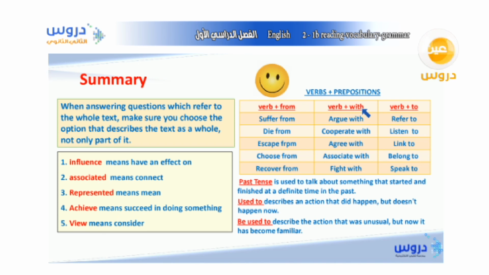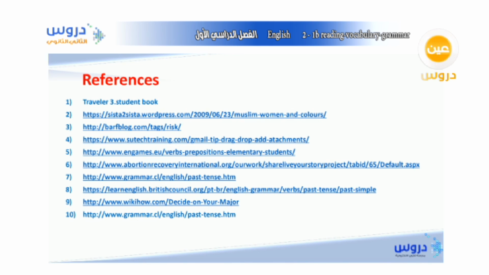And we talked about a list of verbs that take the preposition from, another list of verbs that take the preposition with, and other verbs that take the preposition to. And we remembered how we use the past tense and compare it to the present, and we had a quick review about used to and be used to.